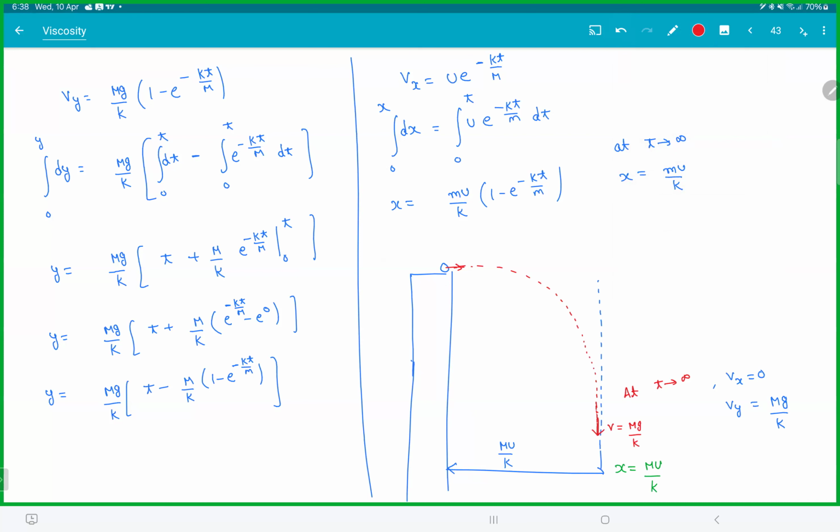It's not a parabola. So the particle never crosses this x coordinate. This is the maximum x coordinate. So in the exam they'll ask you like this: if the height of the building is infinity, if h tends to infinity, what is the maximum x coordinate?